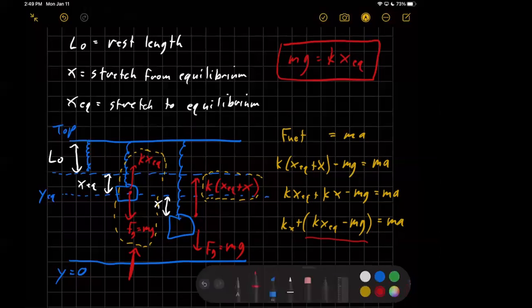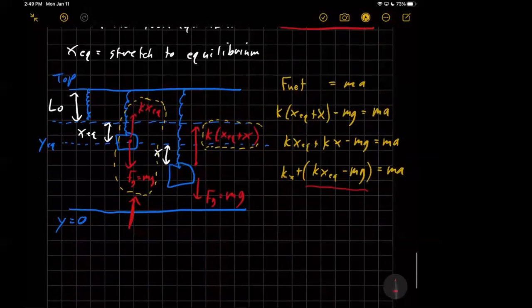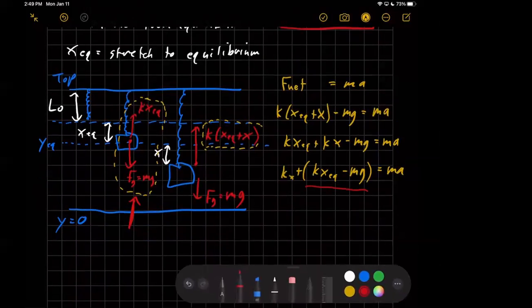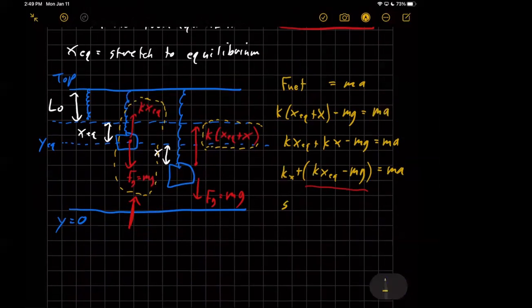So if we simply look at the stretch from the equilibrium point, we can still say the following. Remember, this was the formula that we had when we were working with the horizontal oscillator. We can still say that Kx equals ma, but note what x is. It's the distance from equilibrium, or the displacement from equilibrium. It's not how much the spring has stretched in total, it's just the stretch from equilibrium.